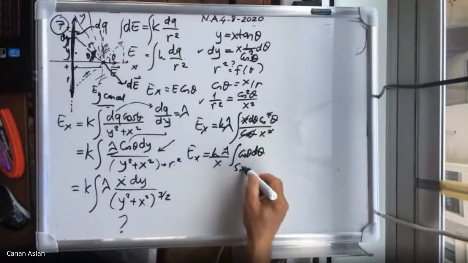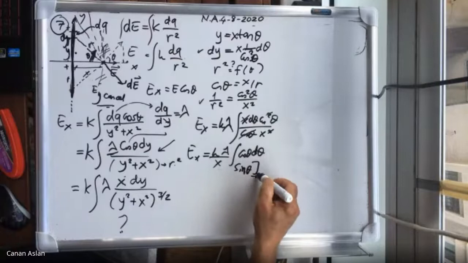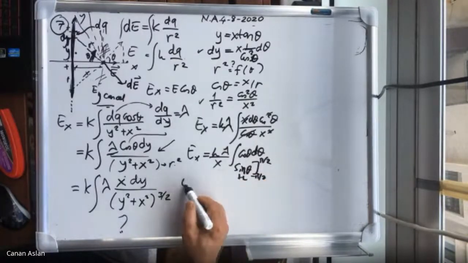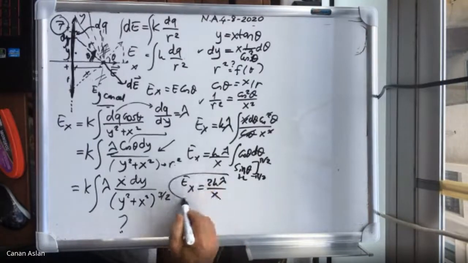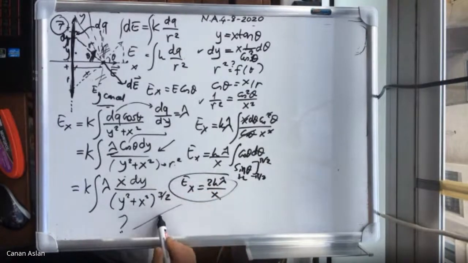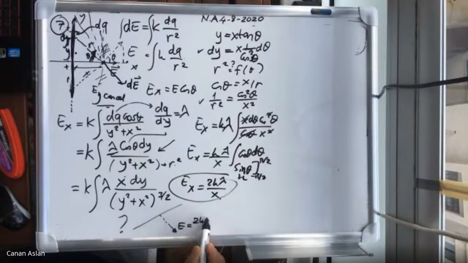So now the integral is sine theta, and the result from minus pi over 2 to pi over 2 just gives you 2. So the electric field in the x direction is 2k lambda over x. So if there is a wire here, the electric field will be in this direction, and it will be given by 2k lambda over x, where x is this distance, and the charges are positive.